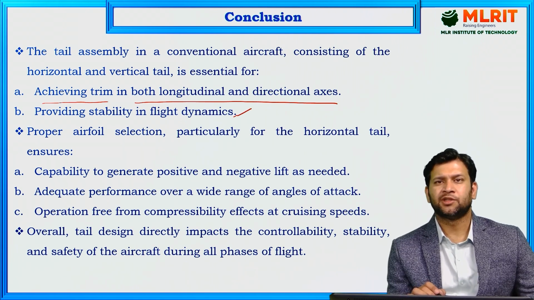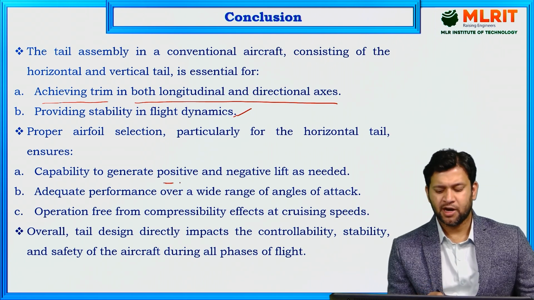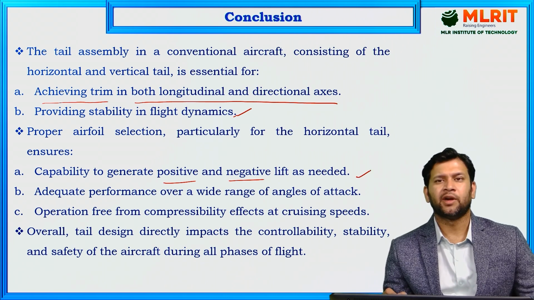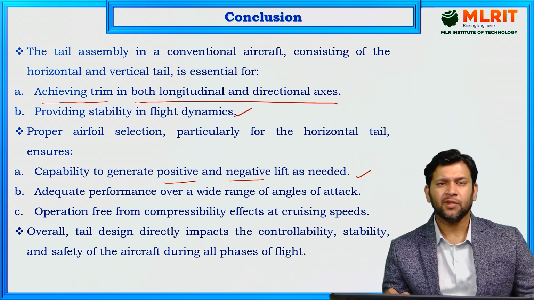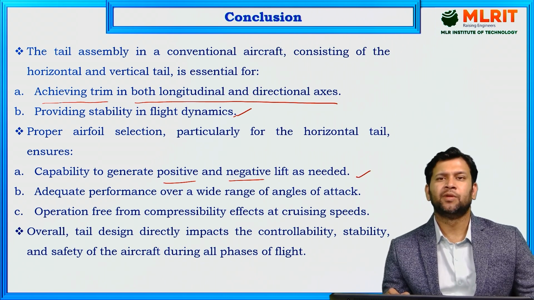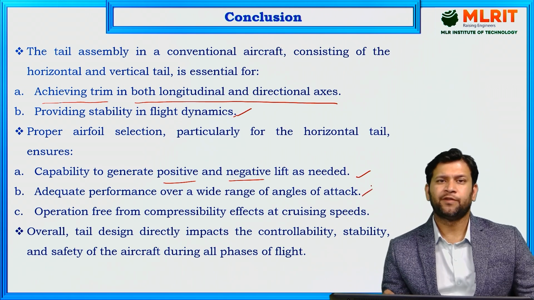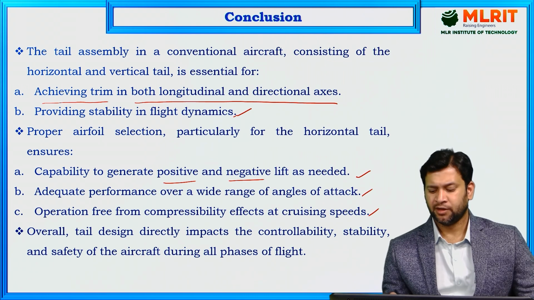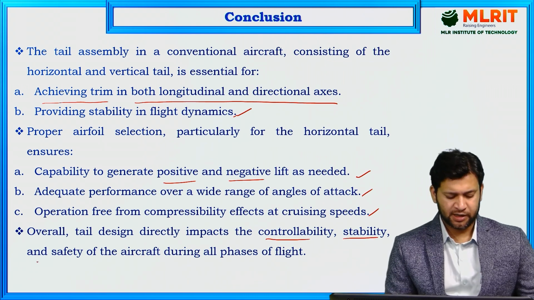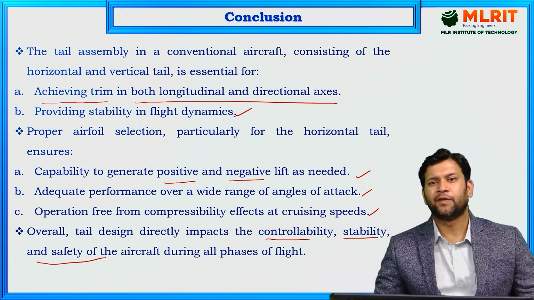Proper airfoil selection, particularly for the horizontal tail, ensures the capability to generate positive and negative lift as required, adequate performance over a wide range of angles of attack, and operation free from compressibility effects at cruising speeds. Overall, tail design directly impacts the controllability, stability and safety of the aircraft during all phases of flight.